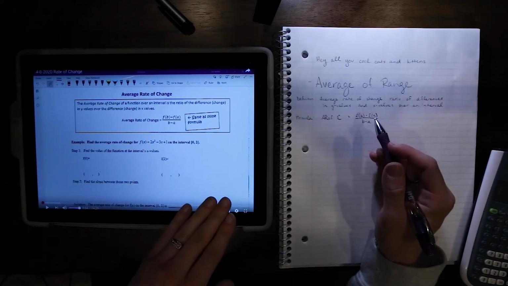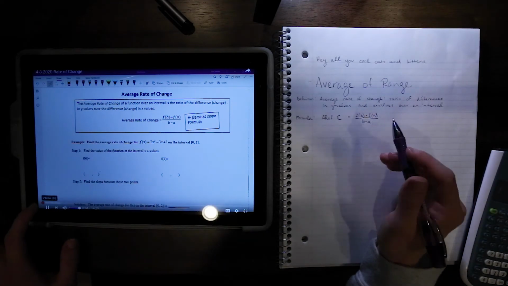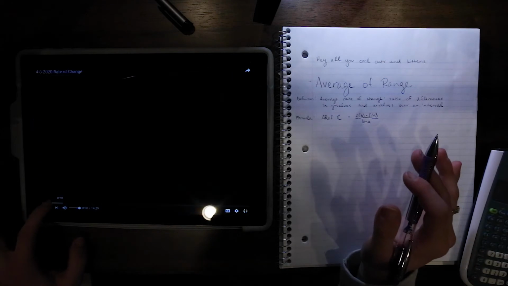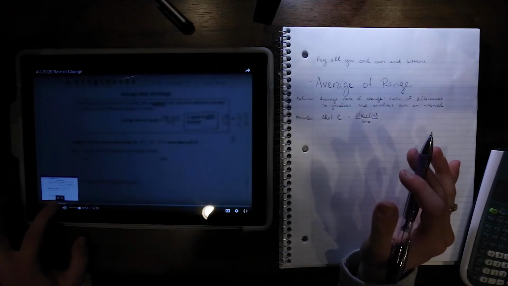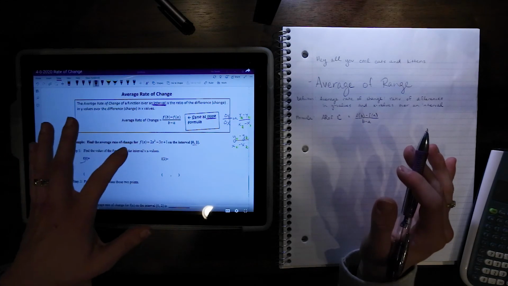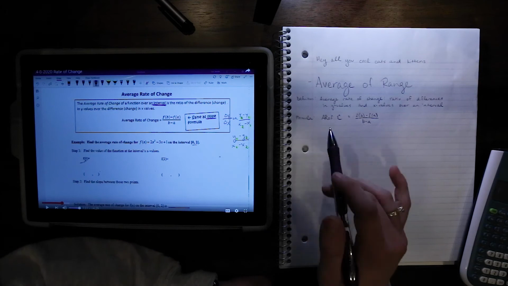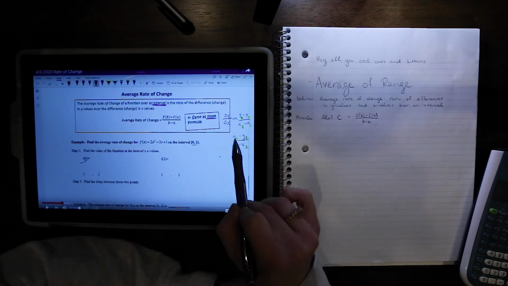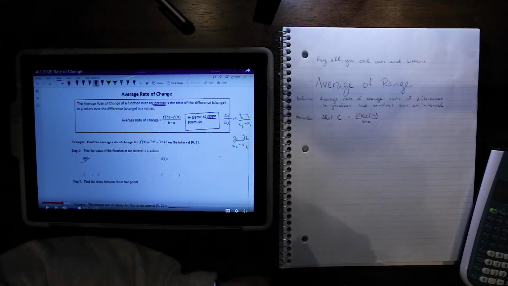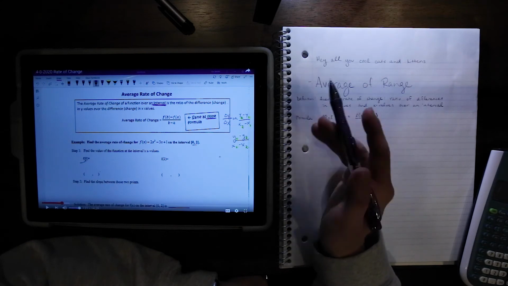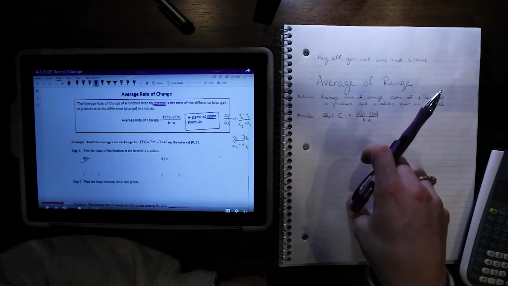Okay, now if I press play, and I'm not going to make you listen to it, but if I forward this to kind of where we get to in the notes. Remember, okay, you'll notice that as I was going through the video, I was adding stuff to it. Anything that I feel the need to as a teacher to add to the page, you should be writing down too.